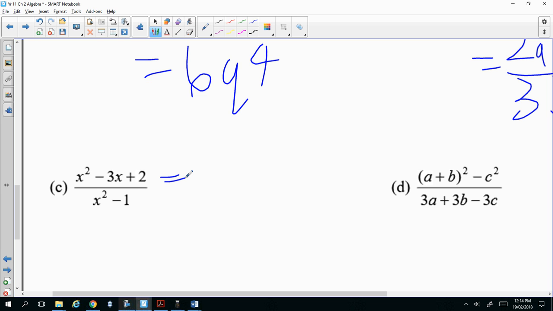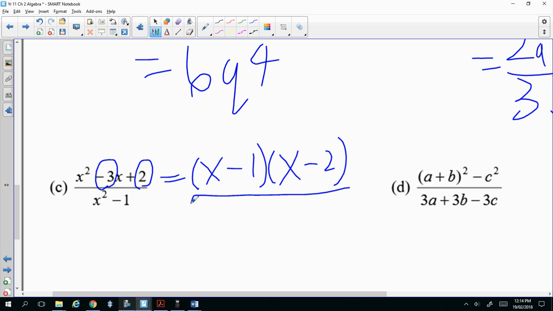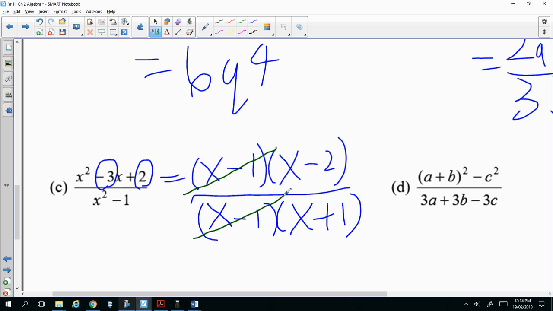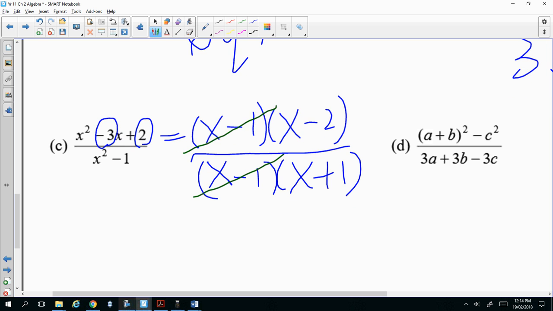You find two numbers which multiply to get 2, add to get negative 3. So that will be x minus 1, x minus 2, like that. And the bottom will be x minus 1, difference of 2 squares. And if you look at this, the only thing that gets cancelled is the x minus 1. The other two don't get cancelled, so you leave it as it is, x minus 2, x plus 1.